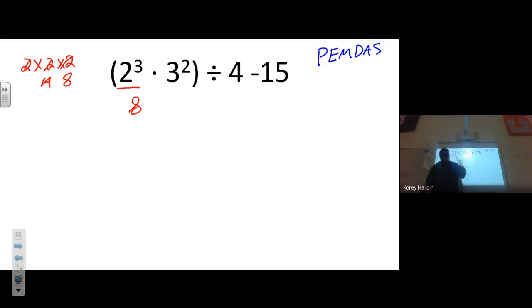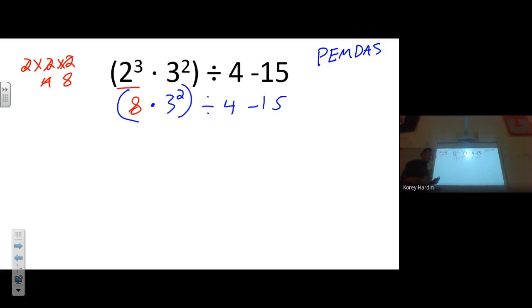All right? So I still have my parentheses. 8 times 3 to the second power, close parentheses, divided by 4 minus 15. Now I'm still doing inside the parentheses. So I've got the number 3 to the second power.